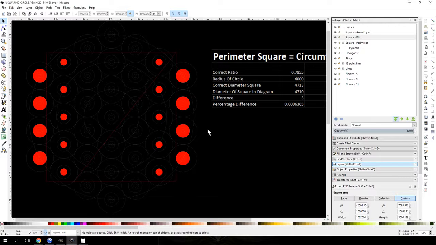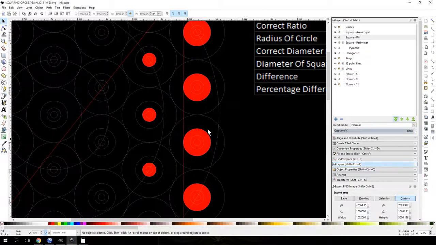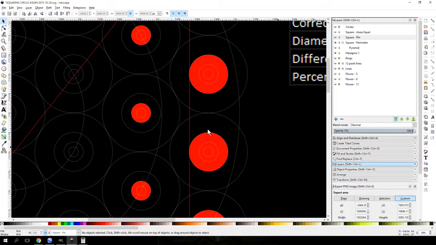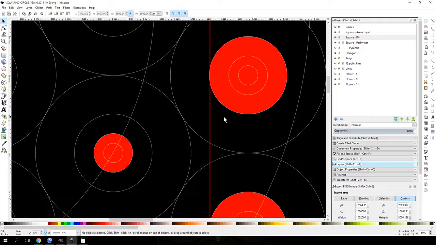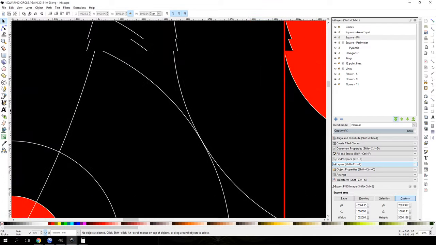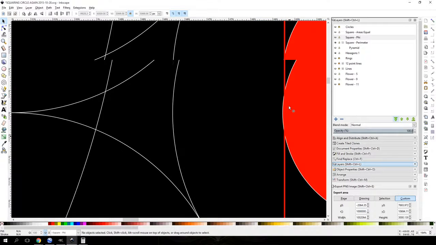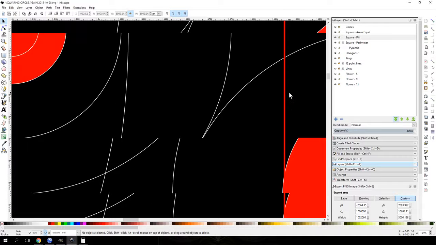And so here's where this stuff really shines as far as being able to see what's going on. You can see that these circles here, how this line is tangent to it. And I've got it to where it's basically almost right on top of the lines here.